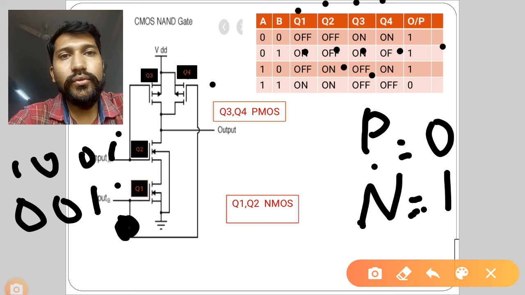Next is Q1, which we have given 0. It is an NMOS, so Q1 will be in the off condition. It goes to Q4, which gets 0, and since it is a PMOS, Q4 will become on.